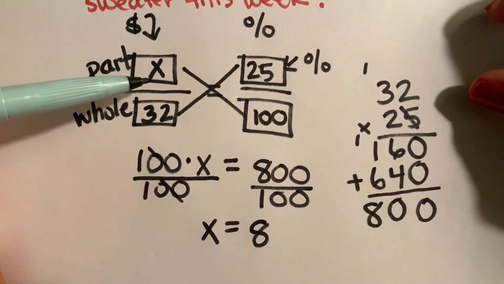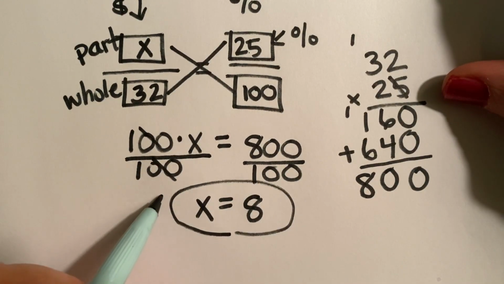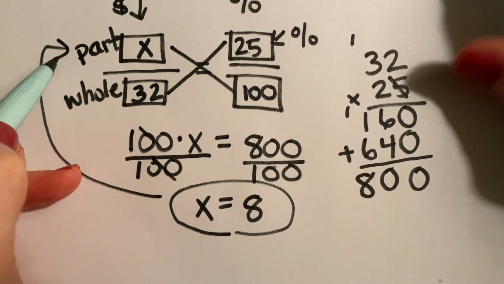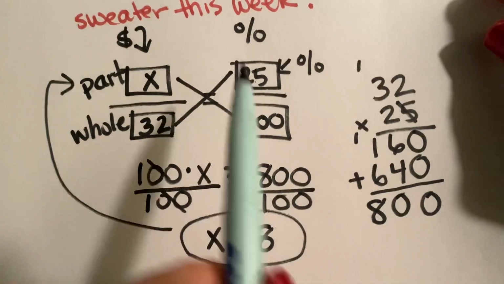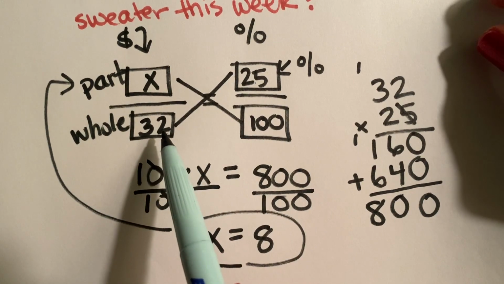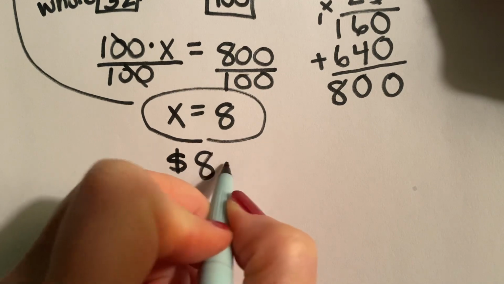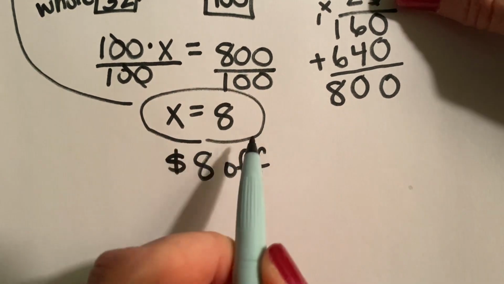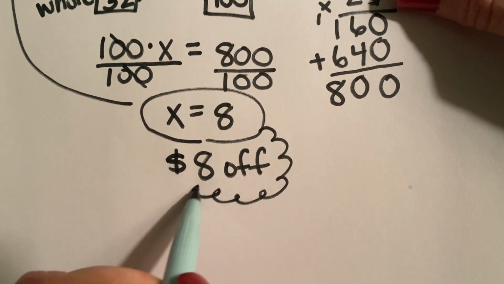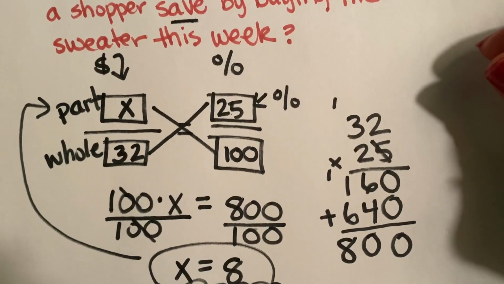And since X was money, this was dollars, so 25% off this price means you're getting $8 off, or you have a savings of $8. And that's how easy percents are.